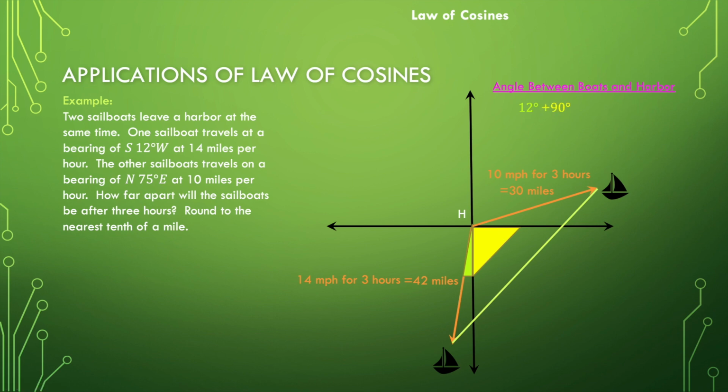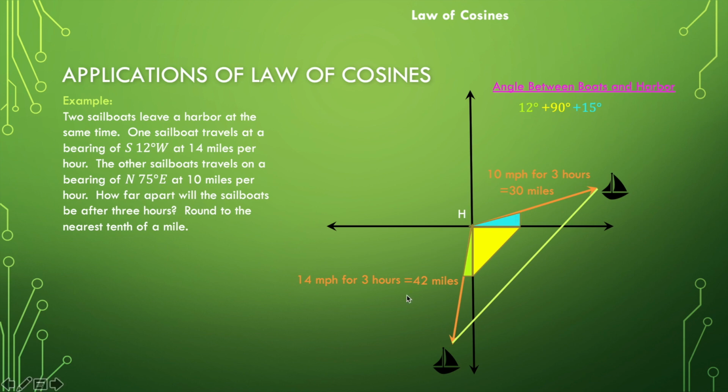And then that last sliver right here is a little different, because we know that this is 75 degrees and we're really looking for this piece. Well, we know that the total is 90 degrees, so I can just subtract that 75 degrees from 90 and get the blue sliver of 15 degrees.